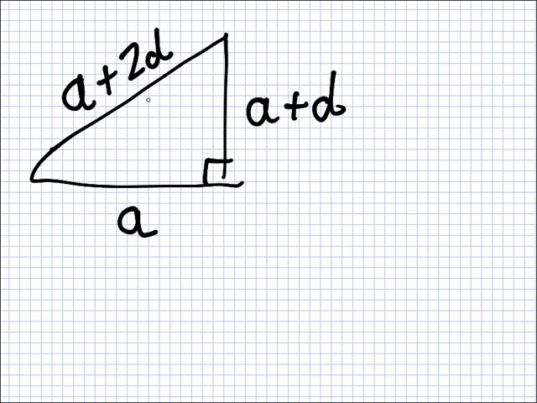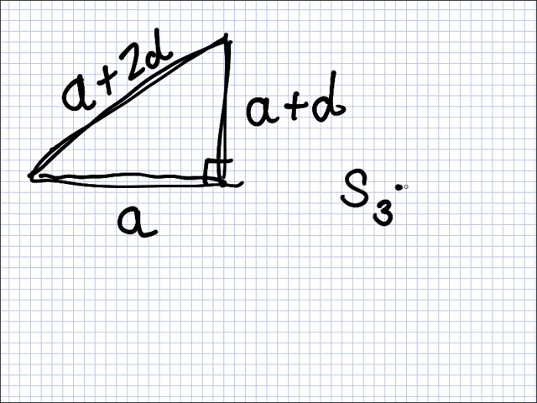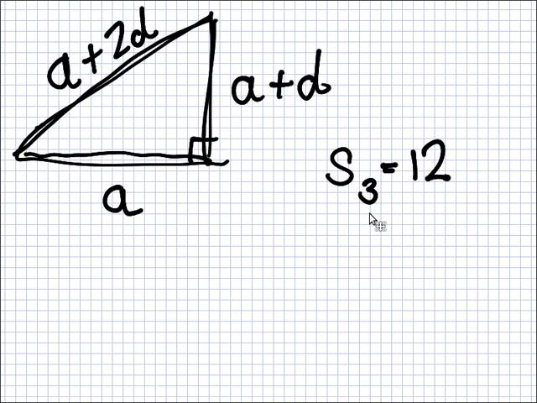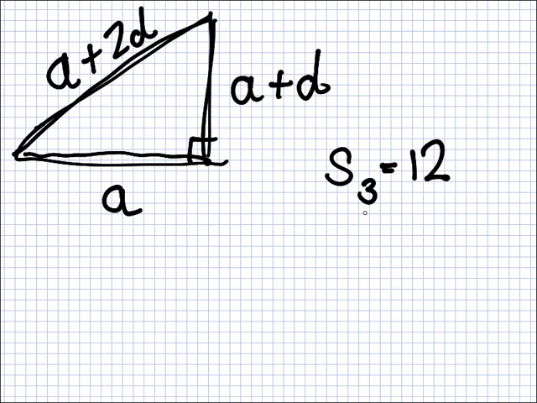I also tell you that if you add the three sides together, that's S3, you get 12. 3, 4, 5 could be, or it could be decimals too. There might be more than one answer. Try this for me and see if you can get the answer.